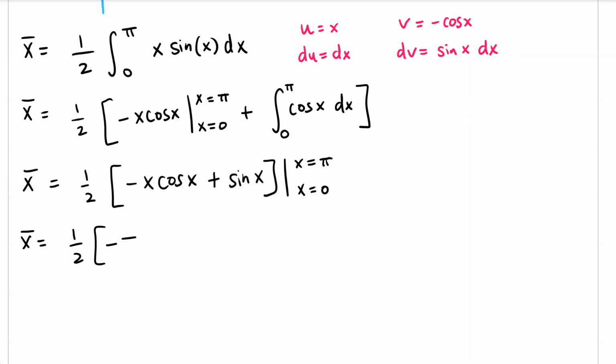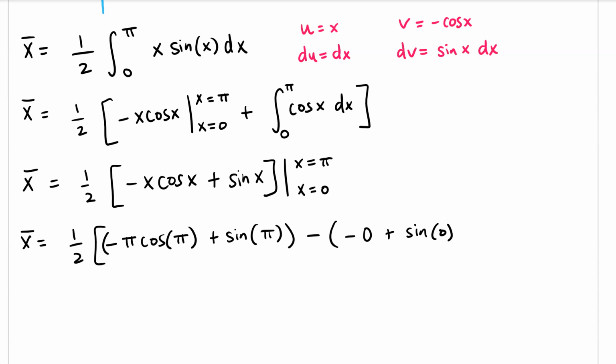Let's see. Negative pi times cosine of pi plus sine of pi, minus negative 0 plus sine of 0.